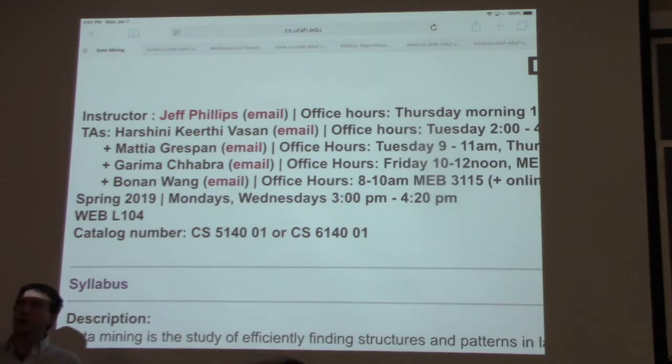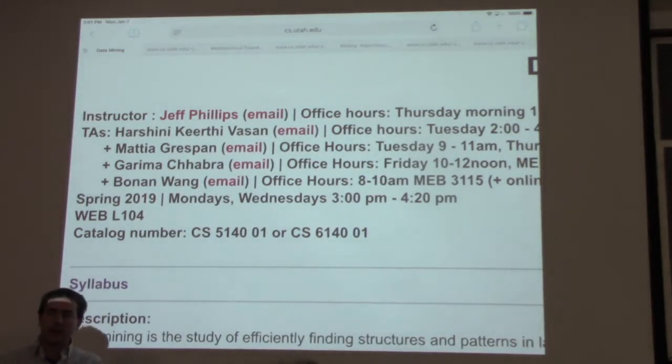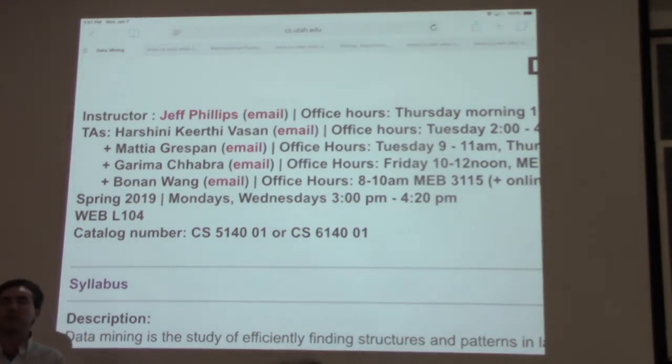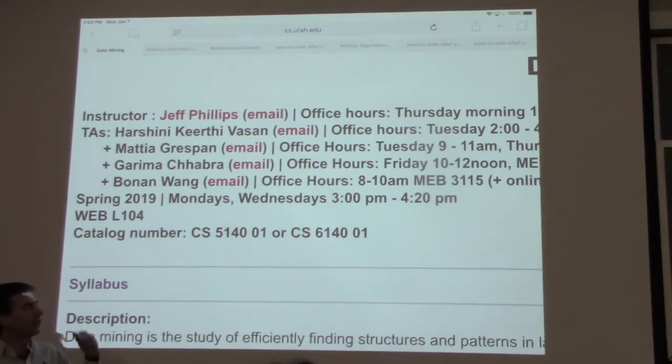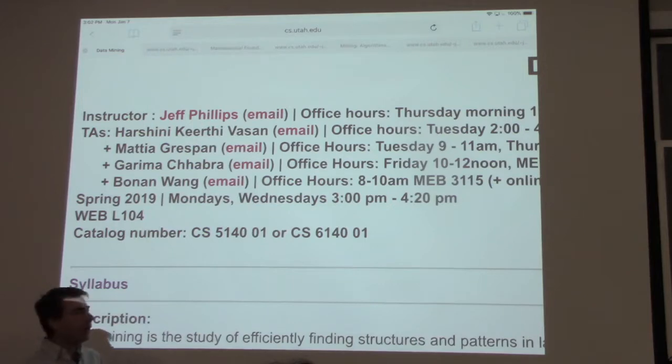Another TA who's here is Bonin, who's in the back. And then Harshini and Garima are still traveling and won't be here, I think, until the end of this week or the first part of next week. That shouldn't be a problem, usually there's not too much going on the first week. When they get here, I'll have them come and introduce themselves as well.